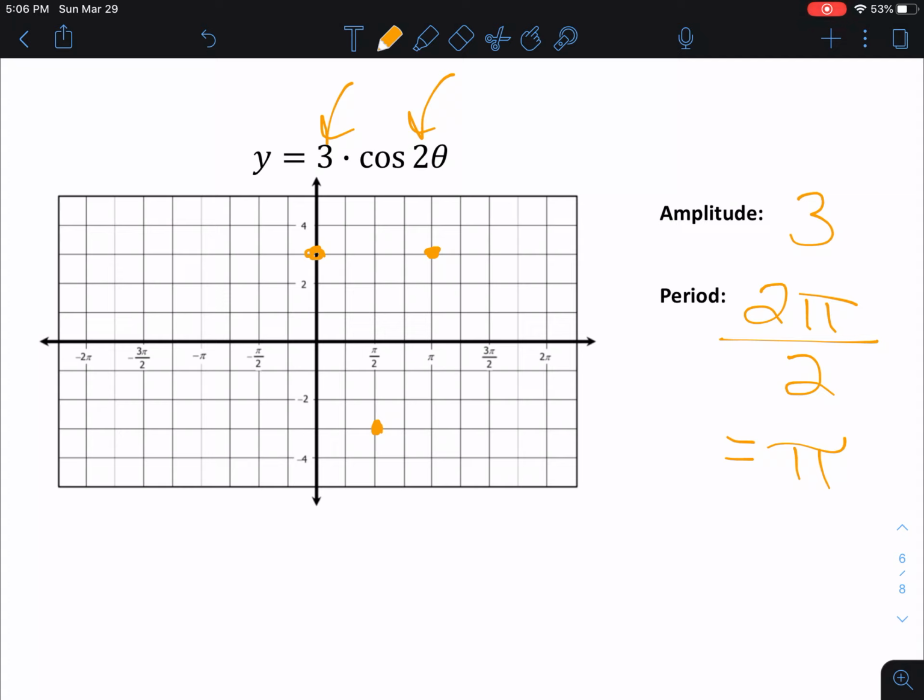Okay. And then in between each of those dots, the graph hits 0. So I'm going to fill those in. And now that's one period. So really you can just repeat that in either direction and you have your graph. Remember to try to go all the way out on your graph each direction. You've got to fill out the complete graph here.